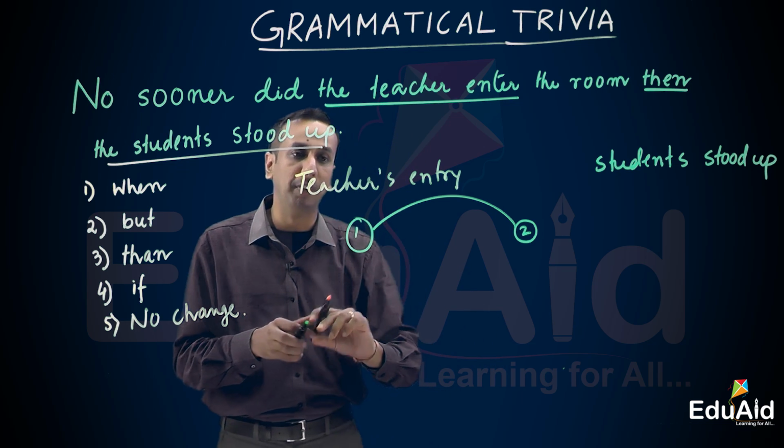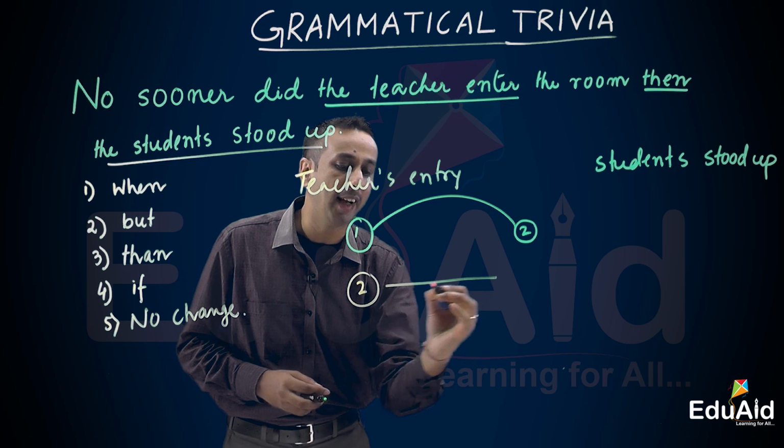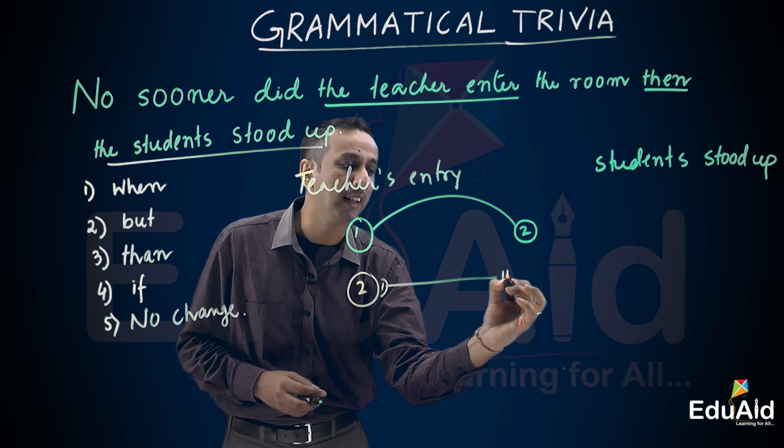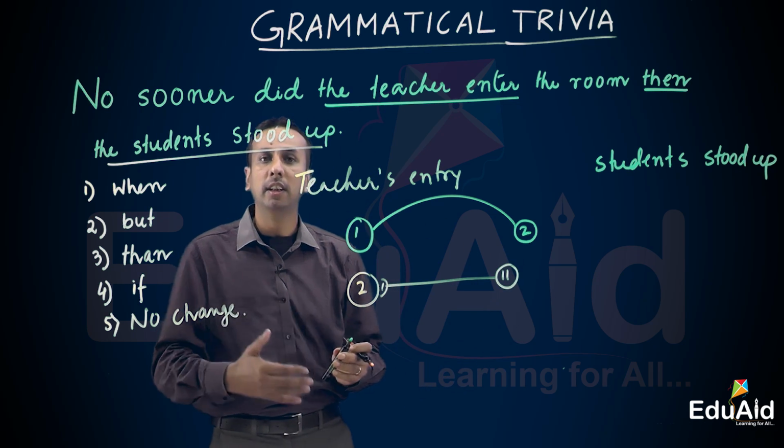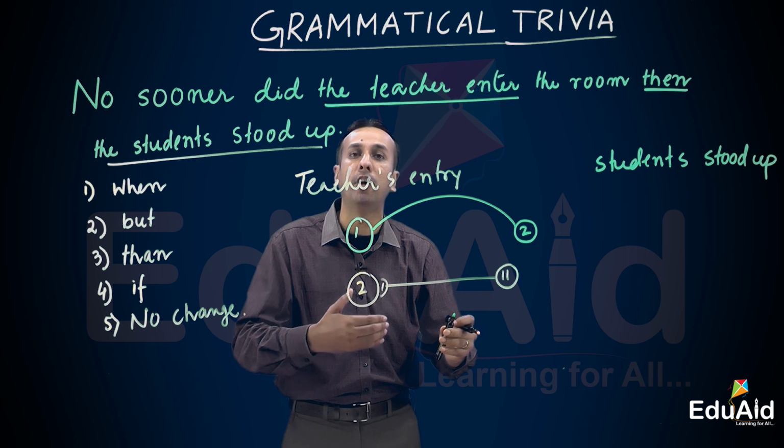And the second possibility is that the teacher's entry and the students standing up, both the actions happen parallelly at the same point of time.